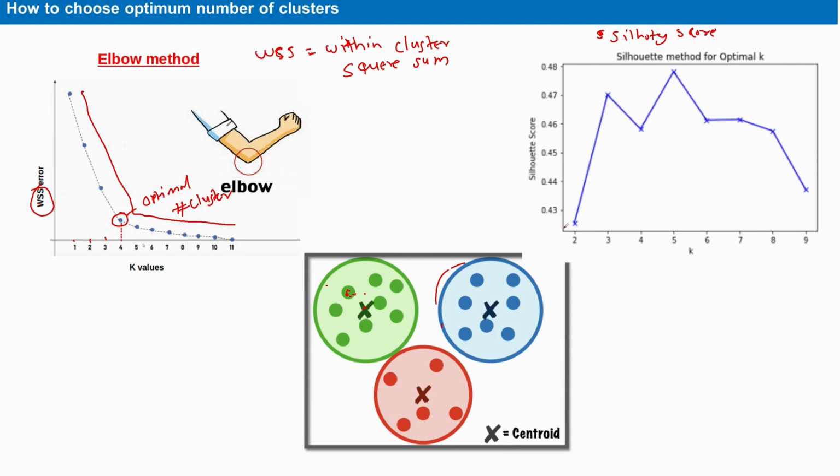Where we get the highest Silhouette score, for example at 5 clusters, we consider that the optimal number of clusters. There are various other methods, but these two are the most popular for getting the optimal number of clusters. I hope you got the idea.